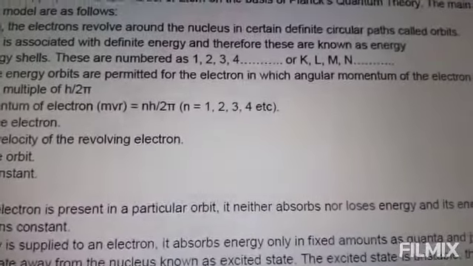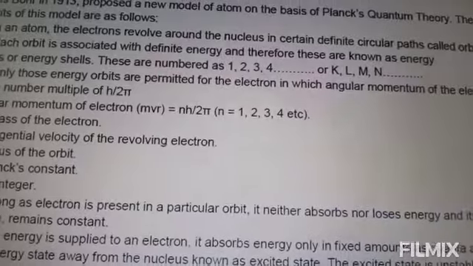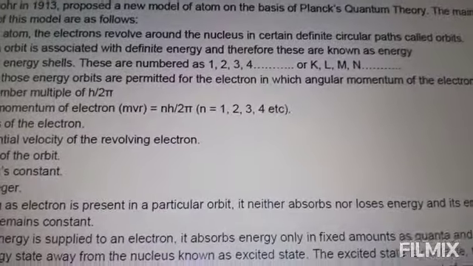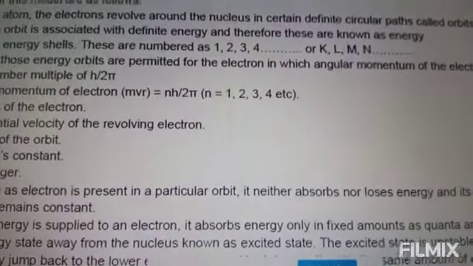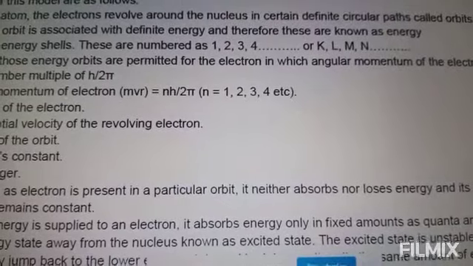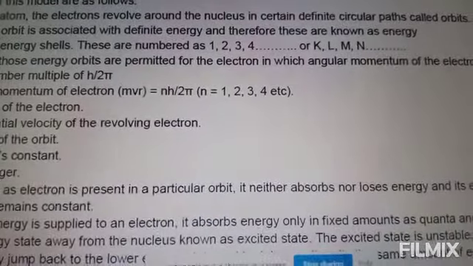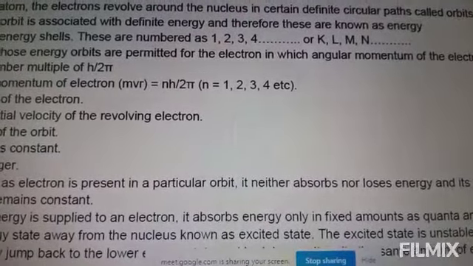In the second point, each orbit is associated with a definite energy, and therefore these are known as energy levels or energy shells, and they are numbered as 1, 2, 3, 4 or K, L, M, N. And in the third point, only those orbits are permitted for the electron in which the angular momentum of the electron is a whole number multiple of h by 2 pi.